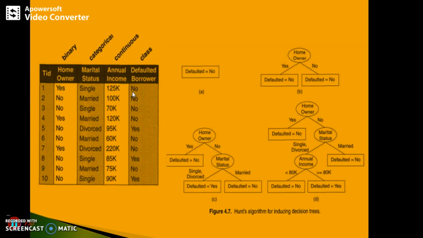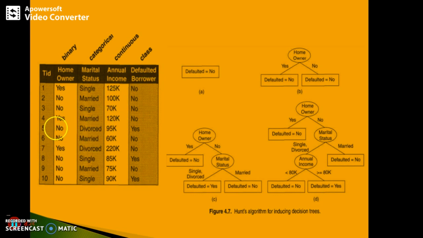He is not a risky person. Again, you see, when homeowner is equal to yes, this is the fourth record. We are now concentrating on only the homeowner is equal to yes value. So homeowner is equal to yes, default borrower is equal to no, count is 1. Next, the fourth one says homeowner is equal to yes, default borrower is equal to no. The second record says again that here also it is non-risky.